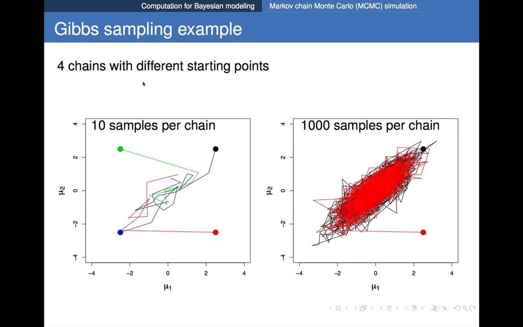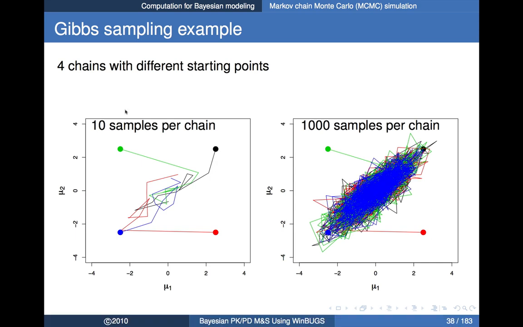And this just illustrates the case where I took that function and specified 4 different starting points. So you can see here I've got a starting point here, which looks like it's minus 2.5 and 2.5. I think that's what I used.